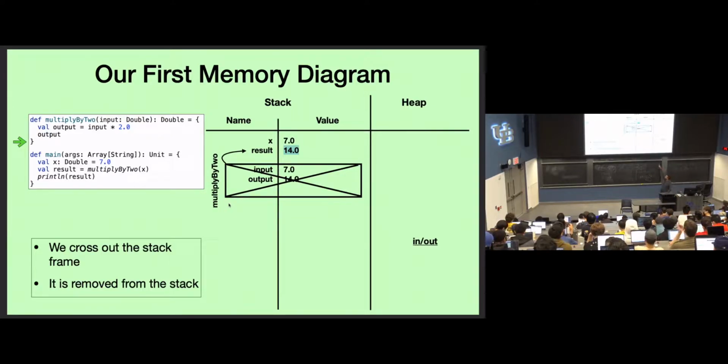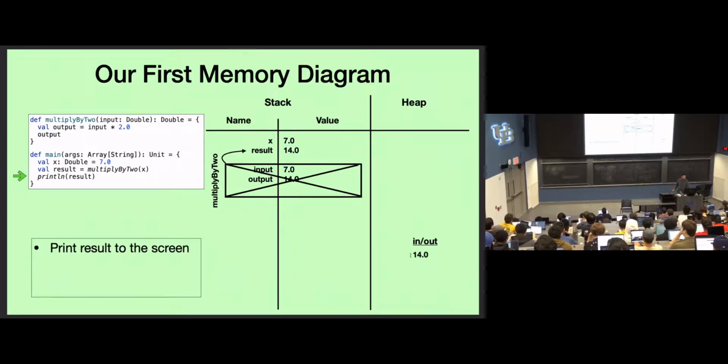So to denote that those values and that stack frame are no longer in memory, we're going to cross it out. So on your memory diagrams in your quiz, cross that thing out. Whenever a method ends, cross out the stack frame. And execution resumes in the main stack frame. And we print 14.0 to the screen. The value of result, 14.0, printed to the screen.